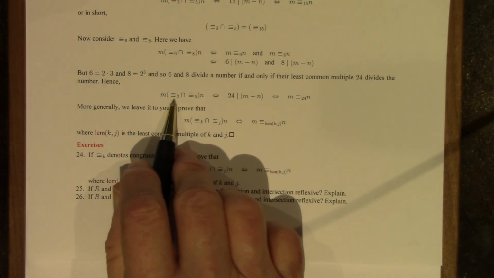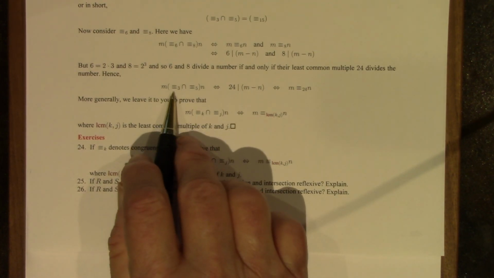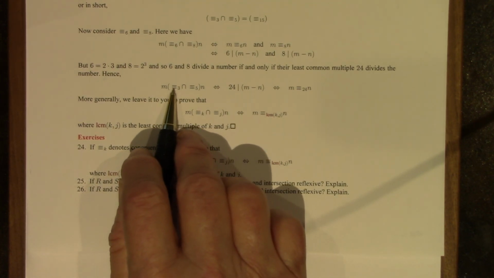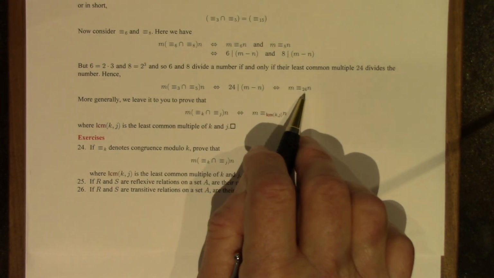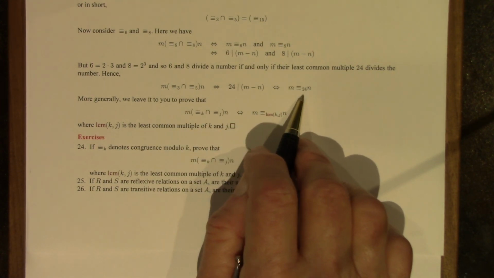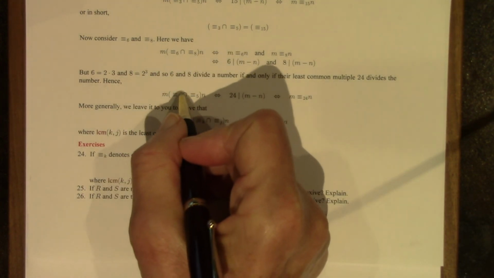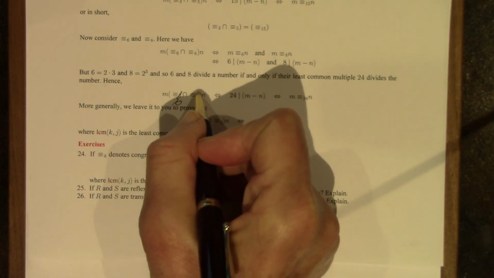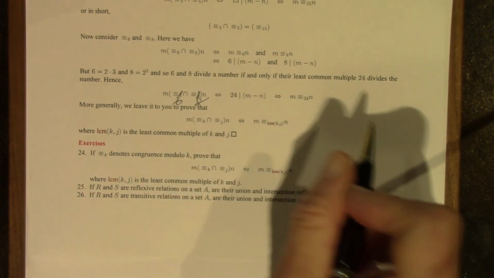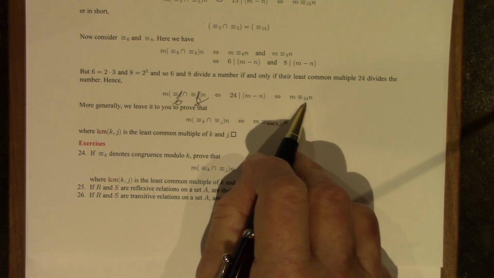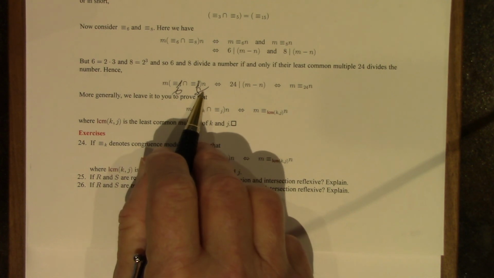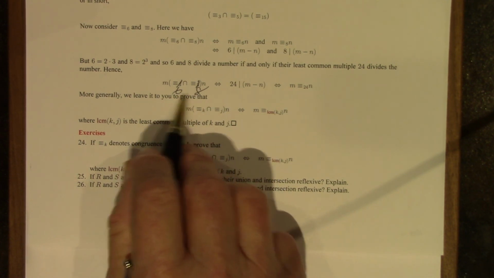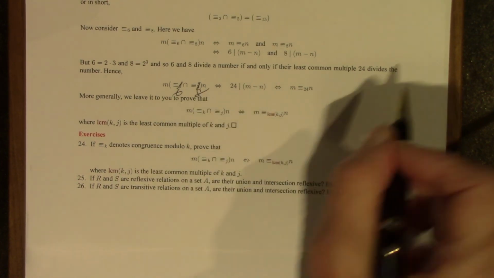So the intersection of congruence mod 6 and congruence mod 8 is congruence mod 24. It's not congruence mod 48, 6 times 8. It's the least common multiple of these. Okay?